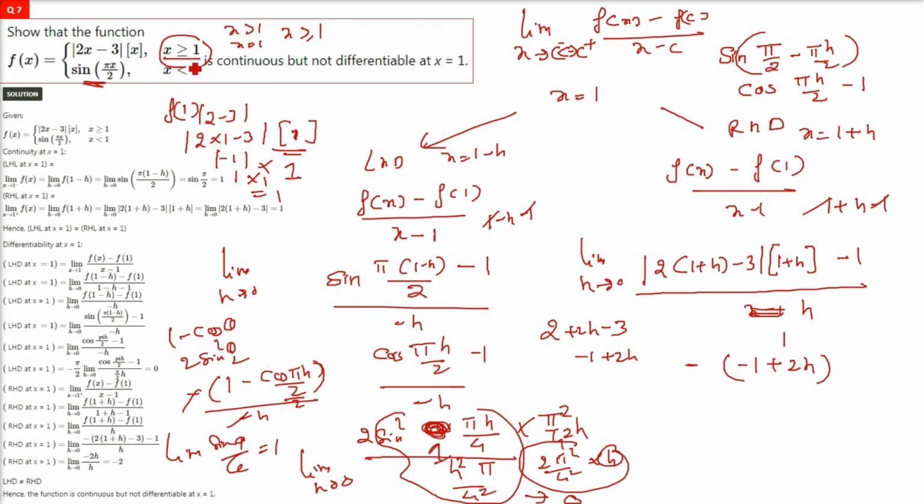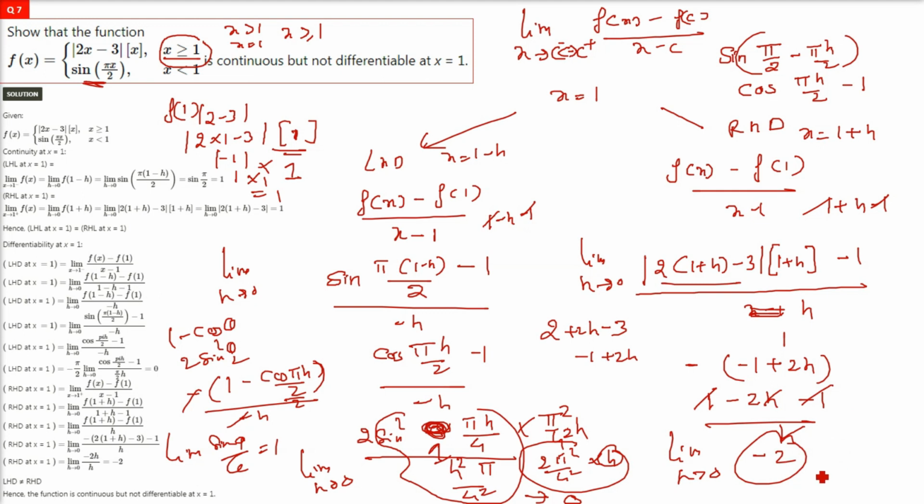When you open the modulus, it will be negative of whatever value is inside. So you get 2h minus 1 inside, but when you open it, it will be negative of this. So you get 1 minus 2h. 1 is already there, you have h in the denominator, this gets cancelled, h also gets cancelled, minus 2 is there. So the right hand derivative comes as negative 2.